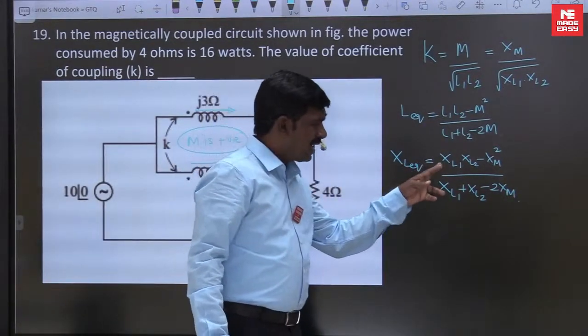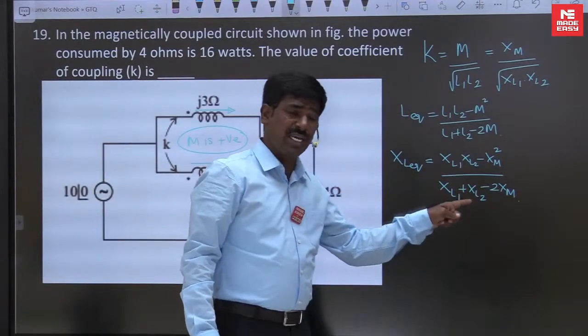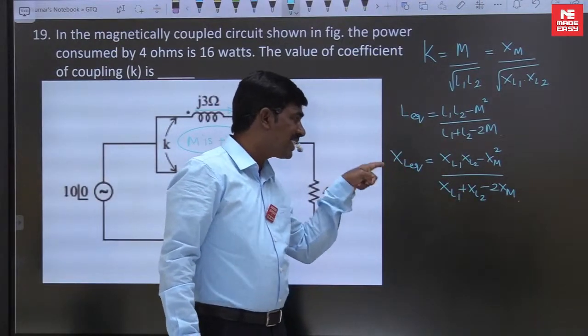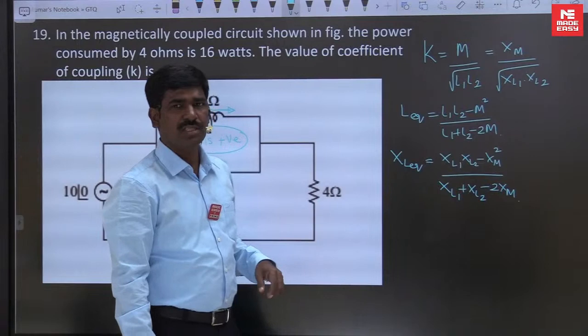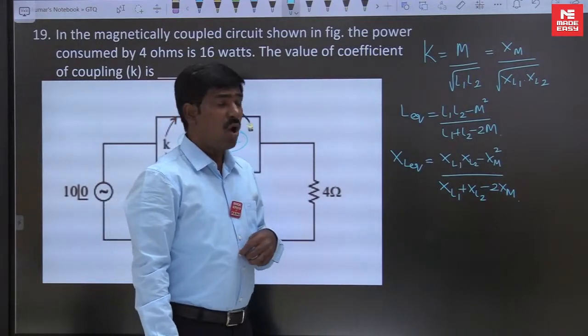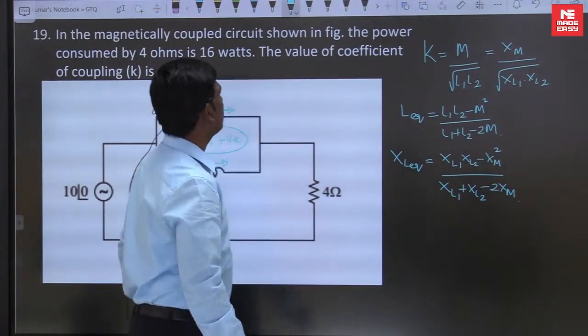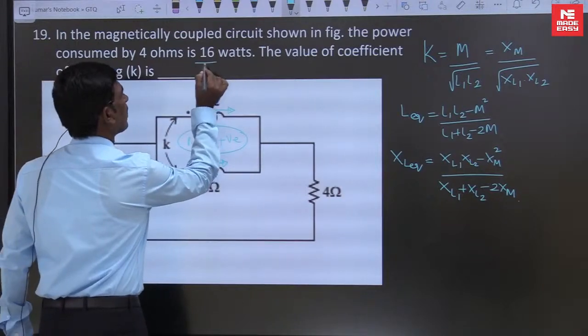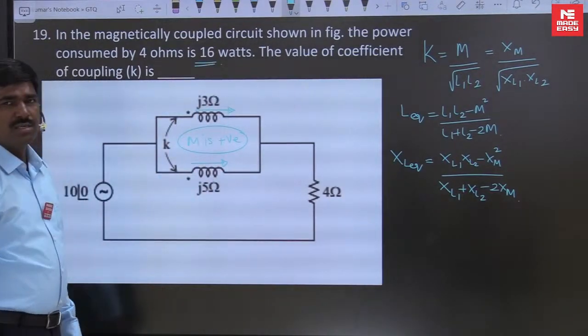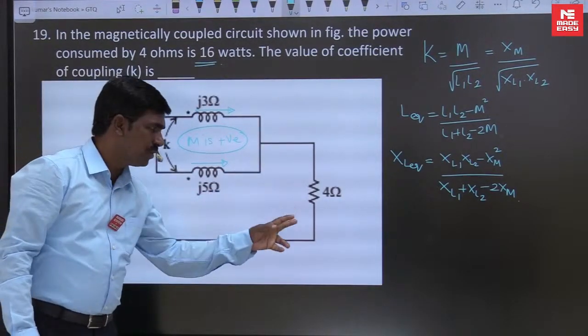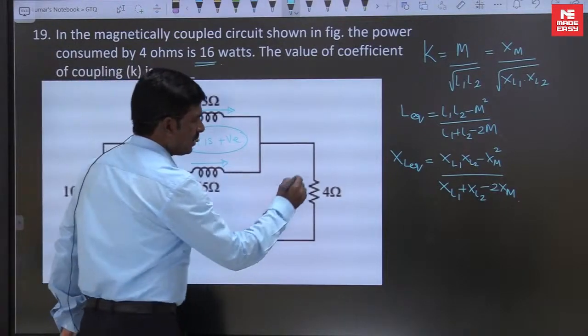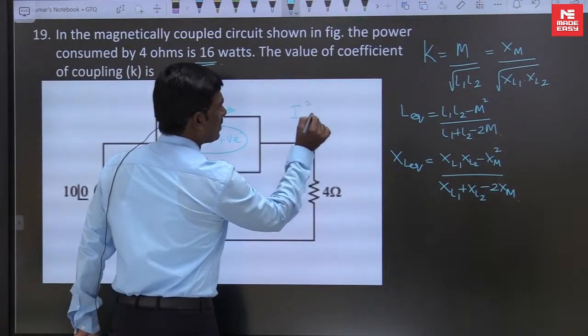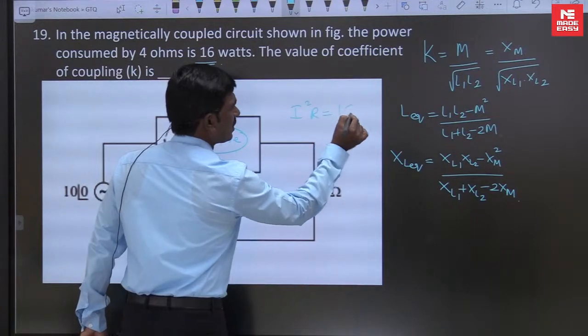XL1 and XL2 are known, the unknown is XM, but we have to find XL equivalent, then only we get the XM value. How to find XL equivalent is given by some information here. The 4 ohms is consuming 16 watts. That means I squared R is equal to 16 watts.